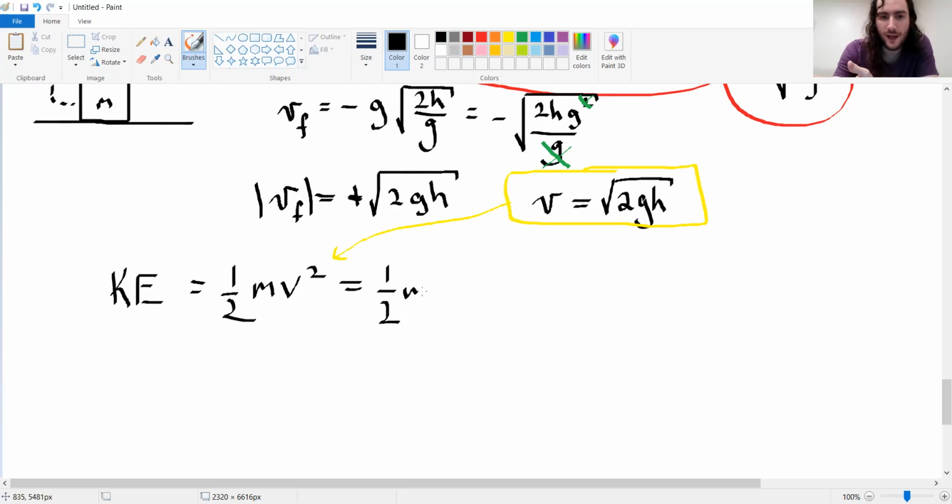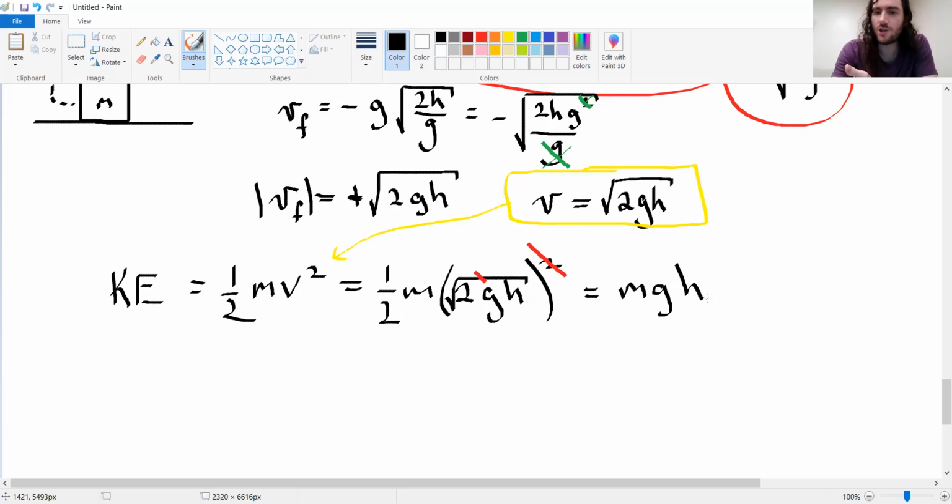So 1/2 m times 2gh. Let's write the square root in there and then square it. The square and the square root cancel, leaving us finally with mgh for our answer.